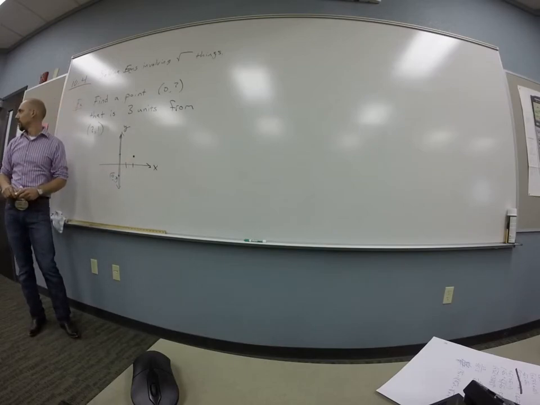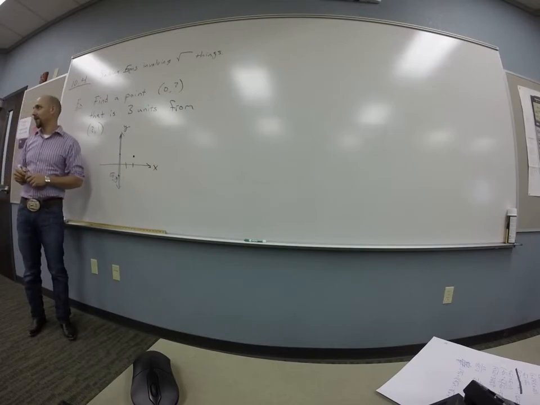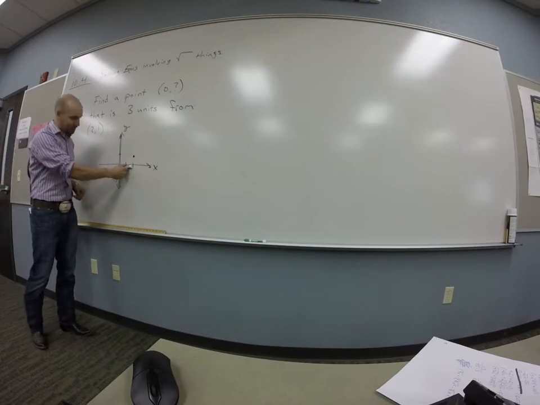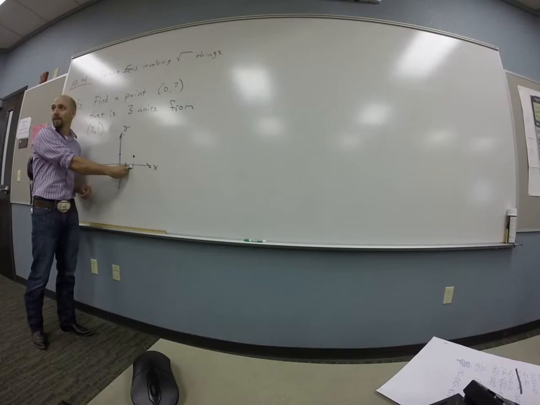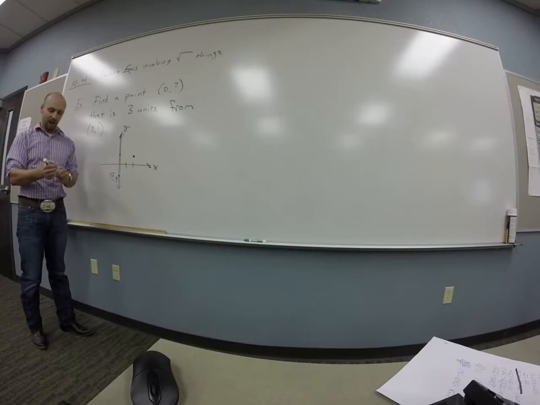Now I want to find something that's 3 units from here. So what's 3 units from here look like? Is it up or over? Yeah, so it's not going to be up or over, it's going to be weird, right? So let me see, my pen is 2 units long, right? You guys see that? Okay, so let's go 1.5.